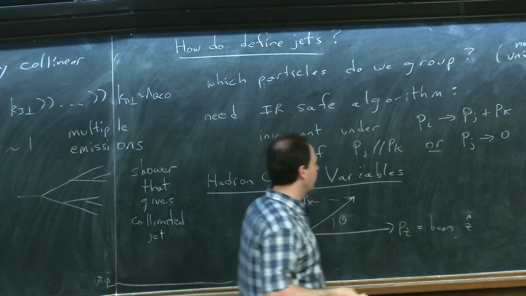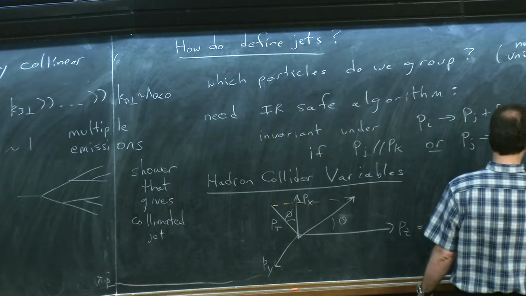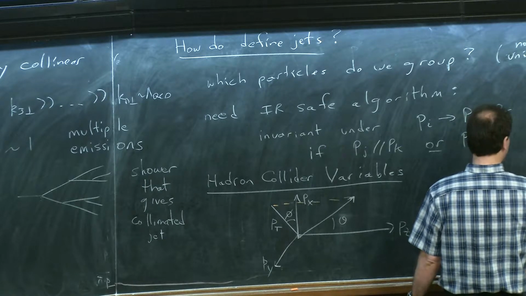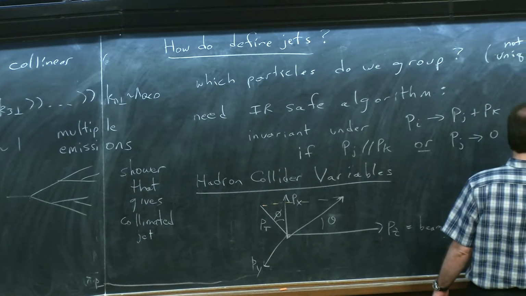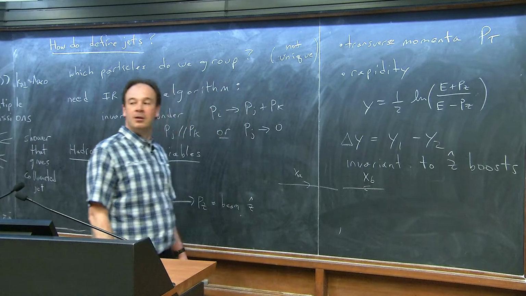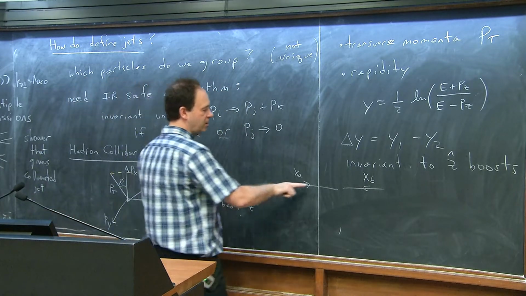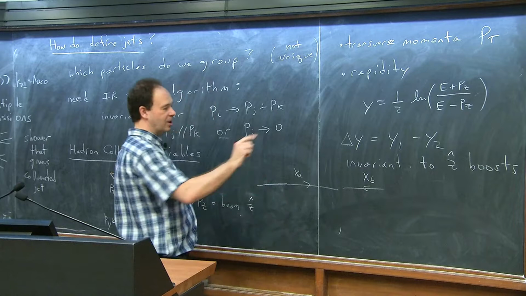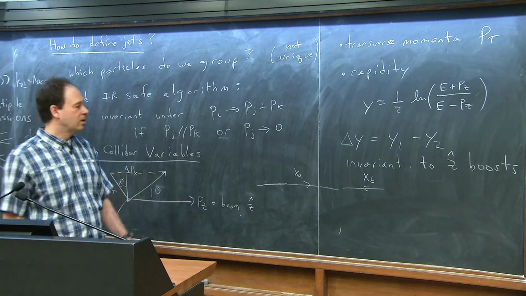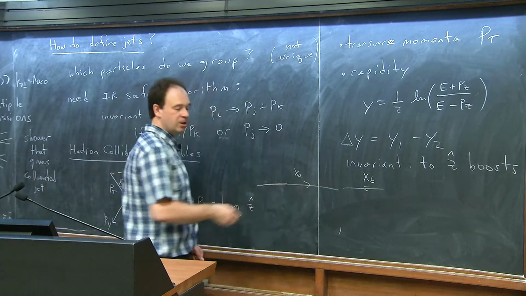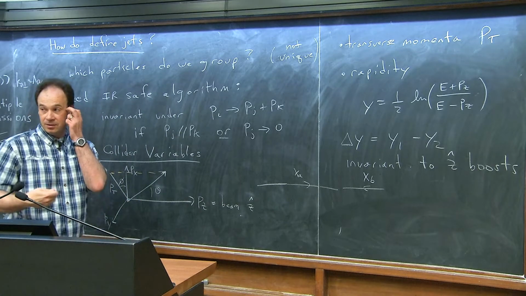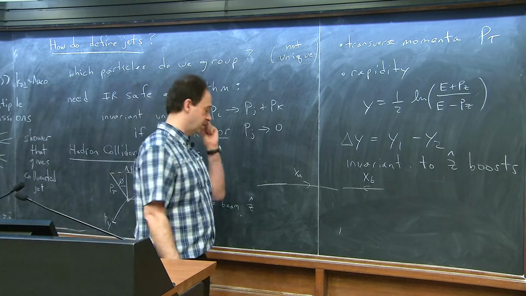And when we talked about the factorization theorem, there was some momentum fraction for the parton on each side, xA and xB, and they don't have to be equal. So it can be that this guy is a much longer vector, a much larger momentum than the one on the right. And that means that the partonic collision is boosted along the z-axis with respect to the hadronic collision.